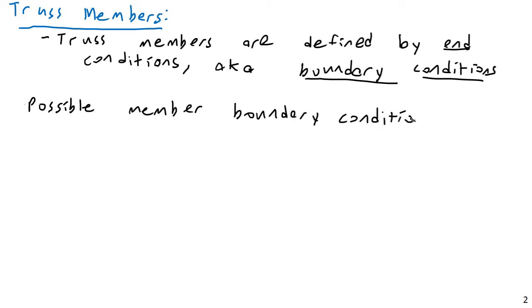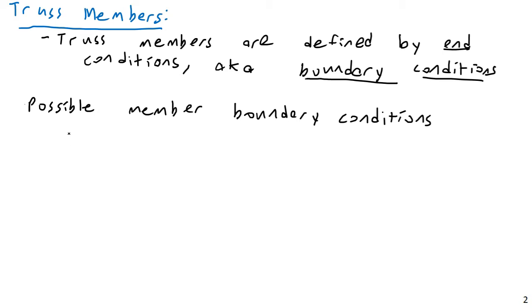Well, the ways we can support a member are virtually unlimited, especially if we start considering things with more than 2 support points. But in terms of members that have only 2 support points, we have the following possibilities. Well, we could try a roller and a roller or something like that, but that's not going to be stable. In terms of something that would actually be stable, what could we have?